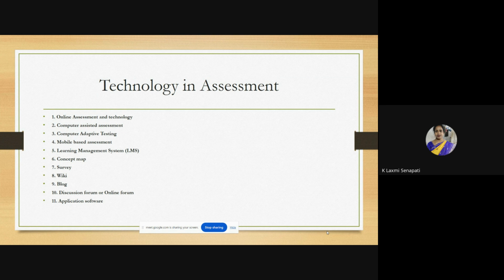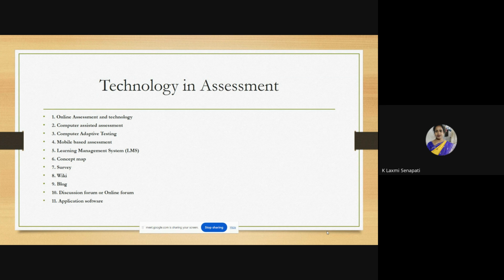learning management system: how we can manage this technology in the teaching learning process. And concept mapping is also very important. Survey, wiki, blog, discussion forum, or online forum, meaning through Google Meet, Zoom meeting, or Microsoft Teams meeting, through all these we can discuss in an online forum.